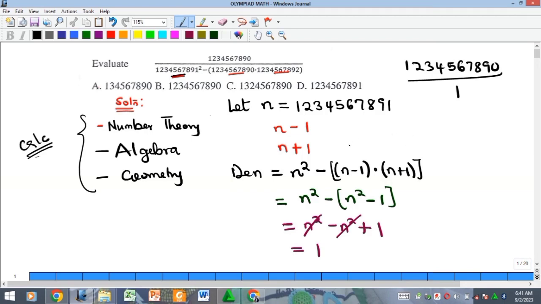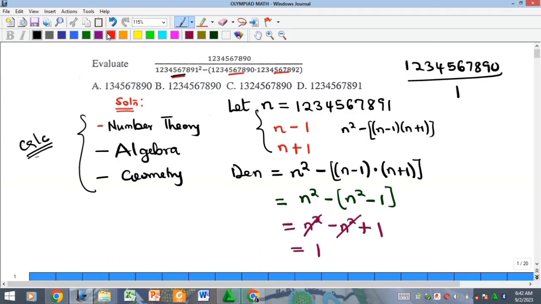You can check if this is actually true. From what I did here, the whole denominator is n squared minus n minus 1 multiplied by n plus 1. You can check whether this is equal to 1 for all numbers.